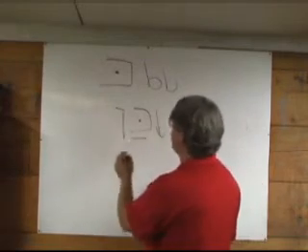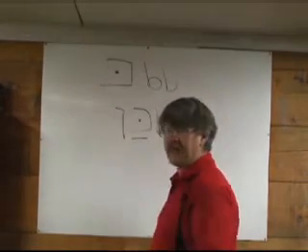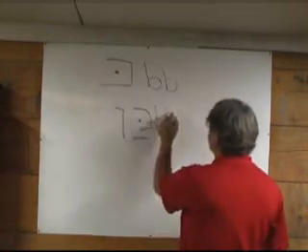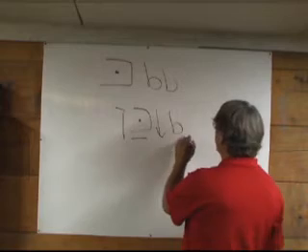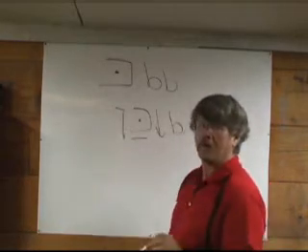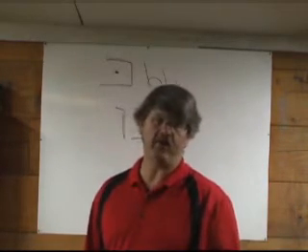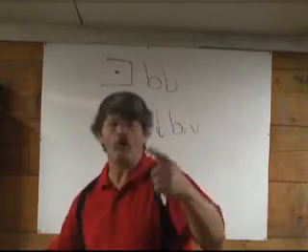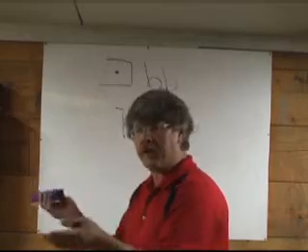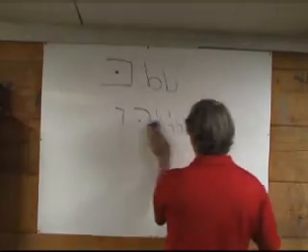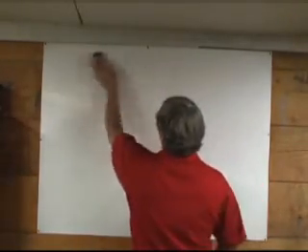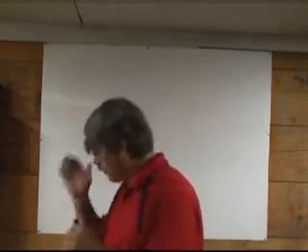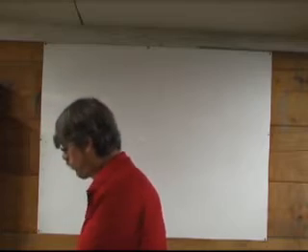If it's ban, and this dot indicates a hard stop, in other words, you're going to pronounce this with a B instead of the V, this is called a weak dagesh, a dagesh lene. And we'll have more recourse to show you that when we begin writing Hebrew. I just want you to be aware that there's two different types of dagesh. It's not that complicated. We'll show you as you get through it.